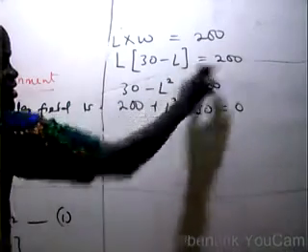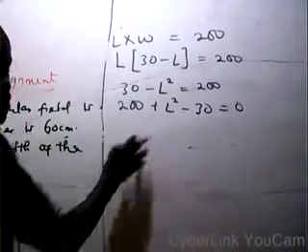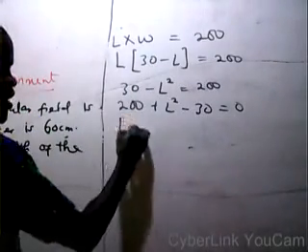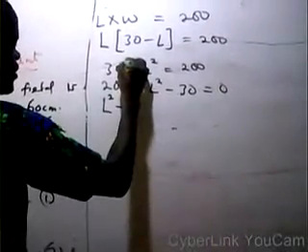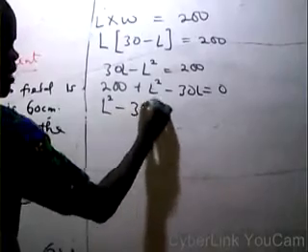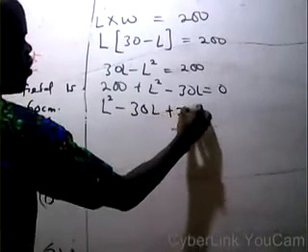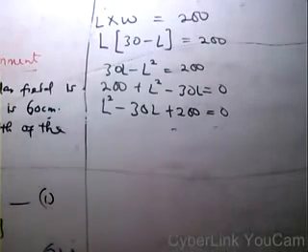So this one remains here, this one comes here and becomes minus 30, this one comes and becomes plus. When you arrange it, you have L squared minus 30L plus 200 equals 0.